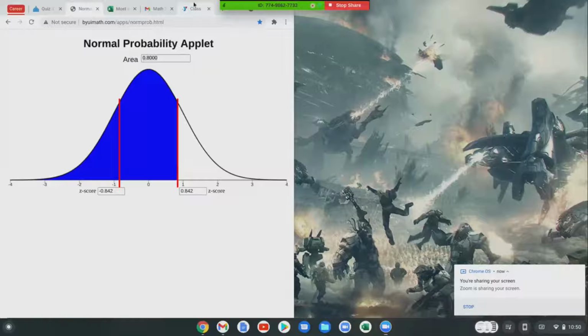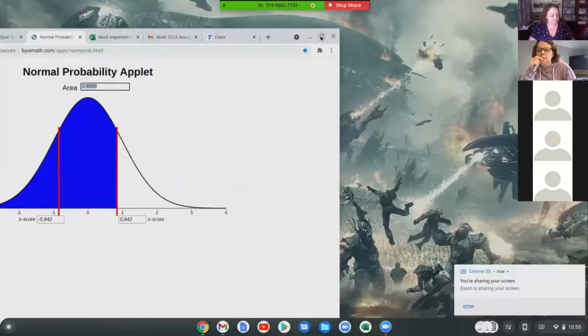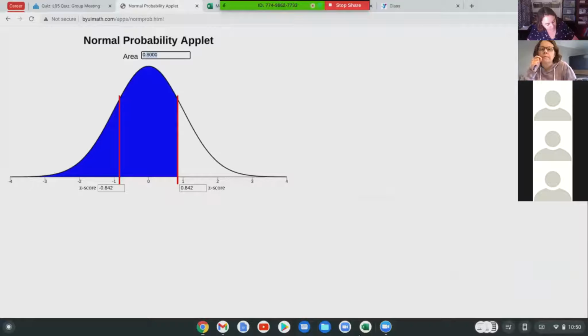So we plugged 0.800 into the applet. Let's see if I can screen share. All right, so you should be able to see that right there.